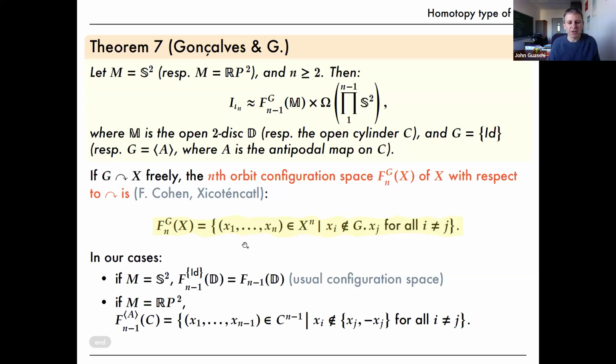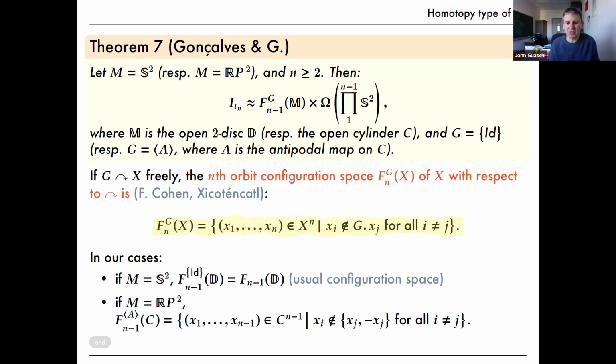It looks very much like the usual configuration space, except that we have this condition, which is a little bit different. It basically says that we look at the orbits of the points of the n-tuple, and the orbits of the x_i are pairwise disjoint. If G is the trivial group, as here, then we recover the usual configuration space.